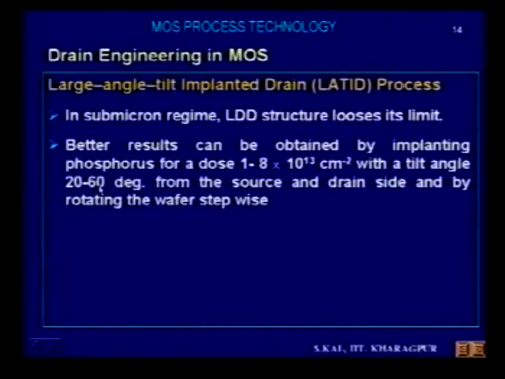That is a tilt angle implantation from the source and drain side, rotating the wafer stepwise. The tilt angle rotation will penetrate the dopants below the gate region, not with that concentration, and the drain size can be reduced.